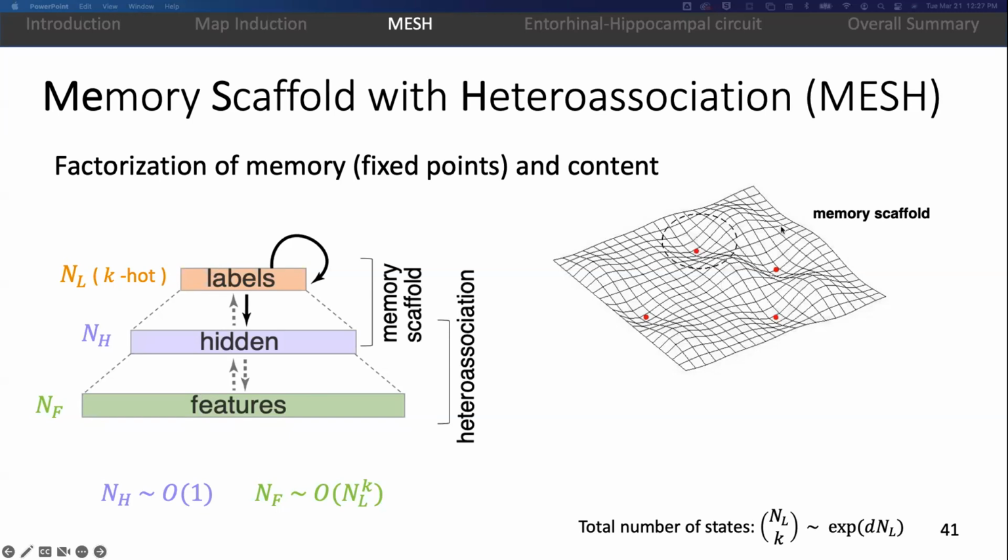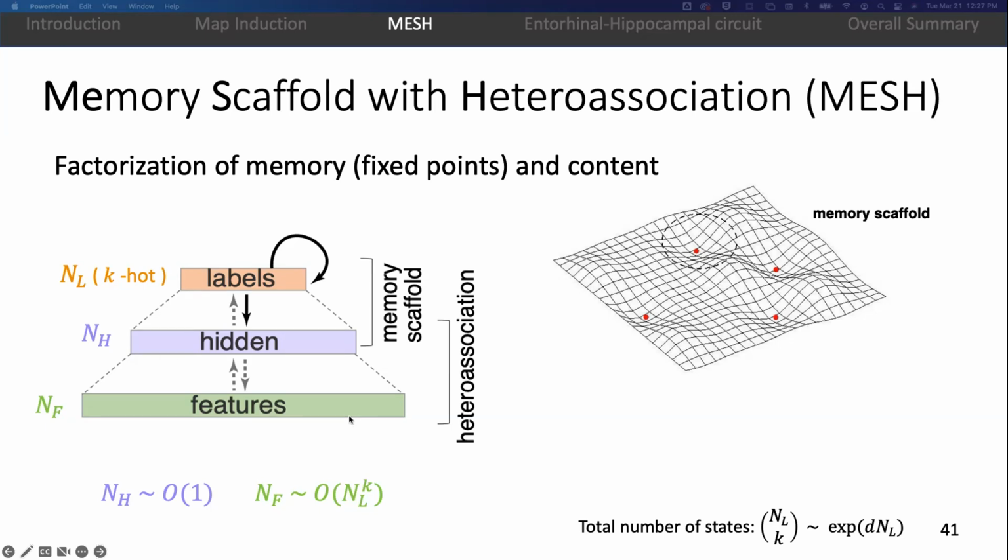So you can imagine this attractor manifold having NL choose k states, scaling exponentially with NL as you increase the dimensionality of the label layer. And in order to store actual information in this network, we can take these features and tag them to each of these attractor states, right?